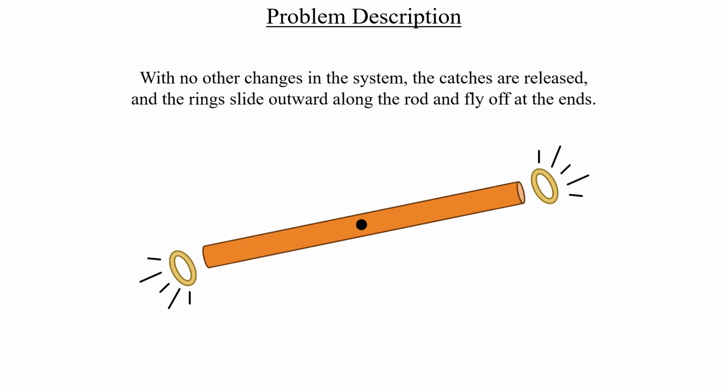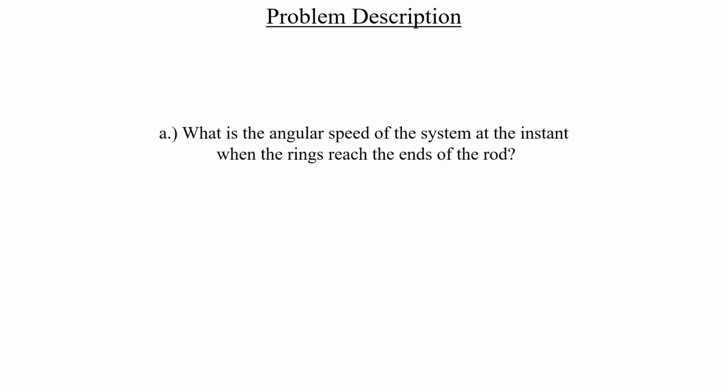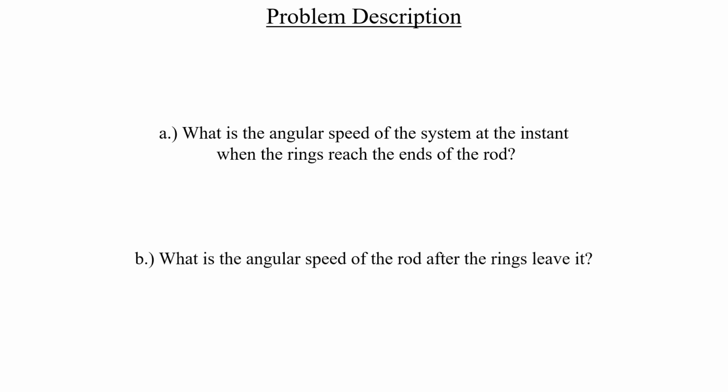Now, with that said, there's two things that the problem wants us to do here. In part A, we need to solve for the angular speed of the entire system once the rings have moved to the ends of the rod. Then in part B, we'll solve for the angular speed of just the rod after the rings are no longer in contact.